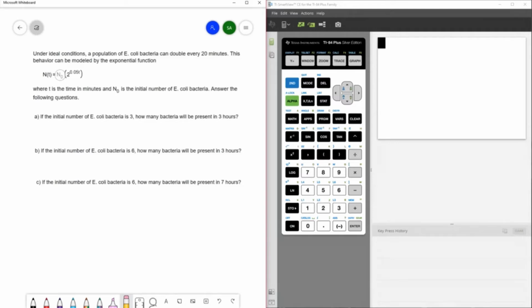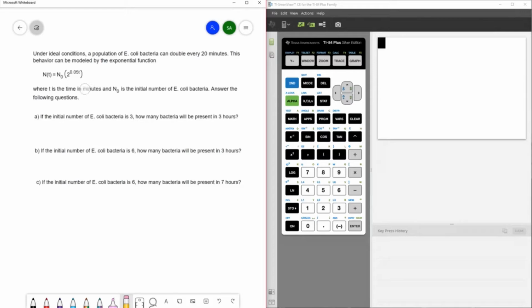The rest is part of the formula. We have an exponential with base 2, 0.05 is our rate, and t is the time. And it mentions here that time is in minutes.